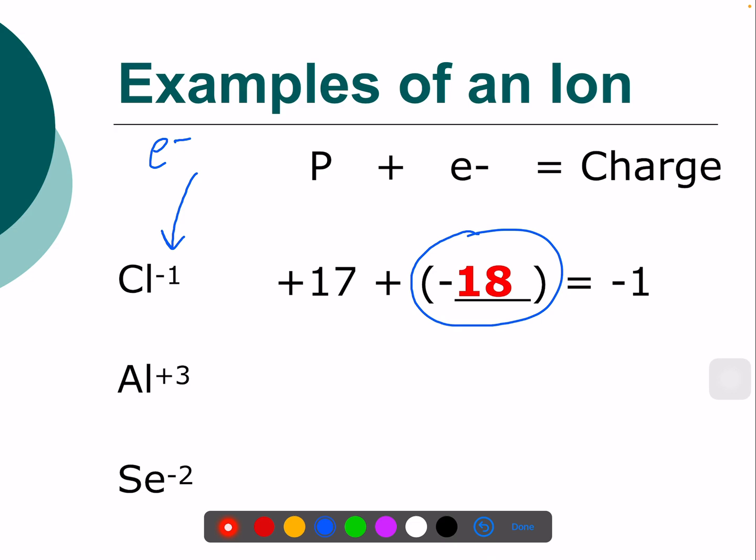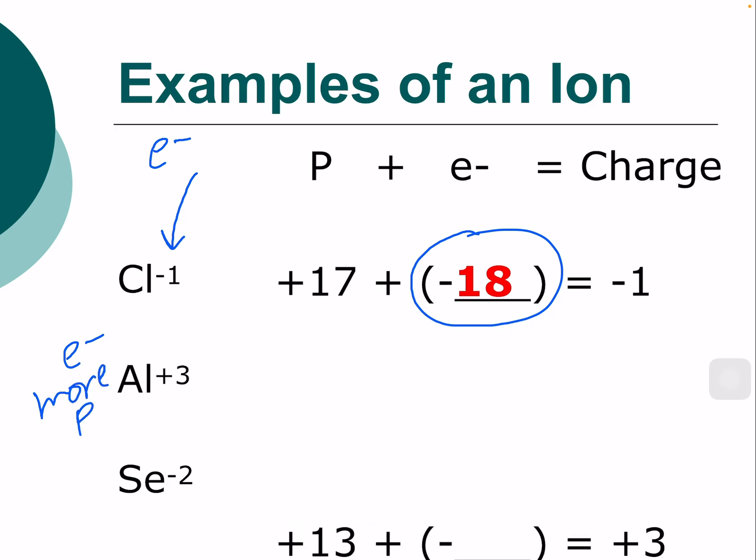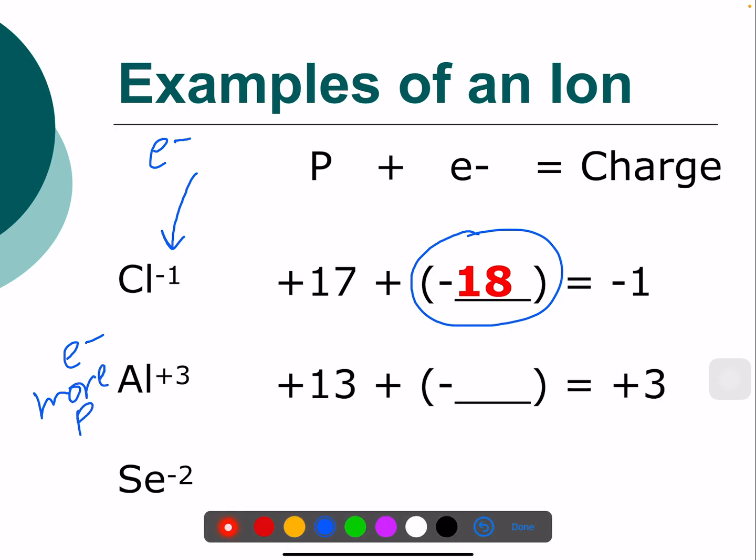So aluminum plus 3. Remember, electrons are negative. So if this is a positive charge, it has to have more protons than it does electrons. If aluminum has 13 protons and we need a charge of plus 3, it makes sense that there's only 10 electrons, because 13 minus 10 is plus 3.